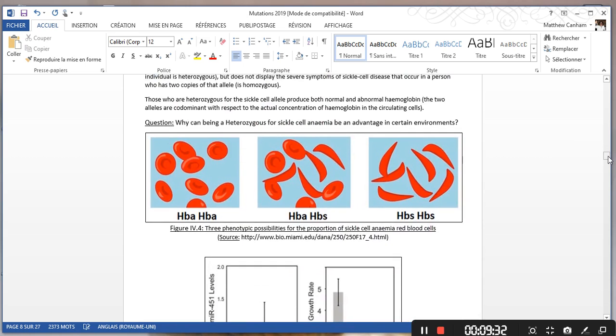So it's better when there is malaria to have this phenotype. It's basically better to suffer a little bit from anemia, but not to suffer from the severe forms of malaria. HBS HBS, they suffer greatly from anemia, and HBA HBA, when there is malaria, they suffer a lot from malaria, so these two phenotypes tend to disappear, and the heterozygotes survive more.